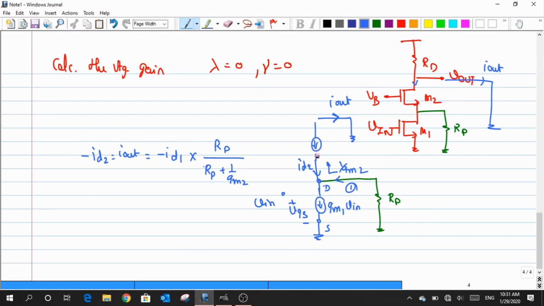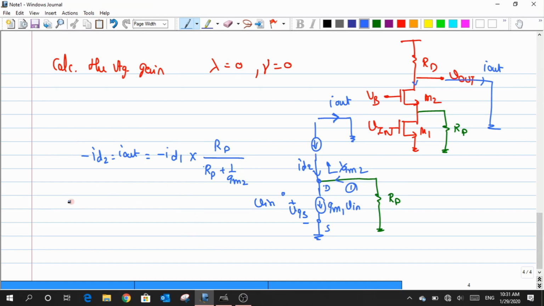I'm just taking this as ID2, so we are not worried about how it depends on the value of VGS of M2. What is to be considered is the resistance seen across my source terminal. That would help me get the answer.